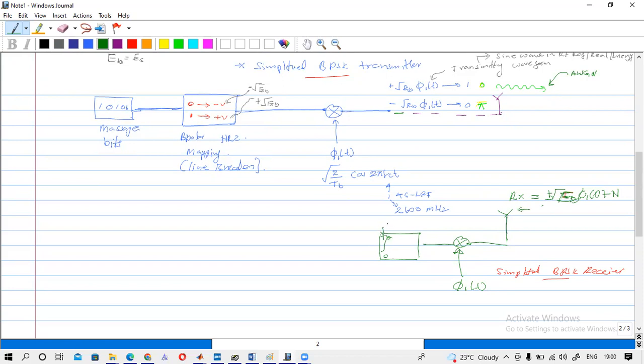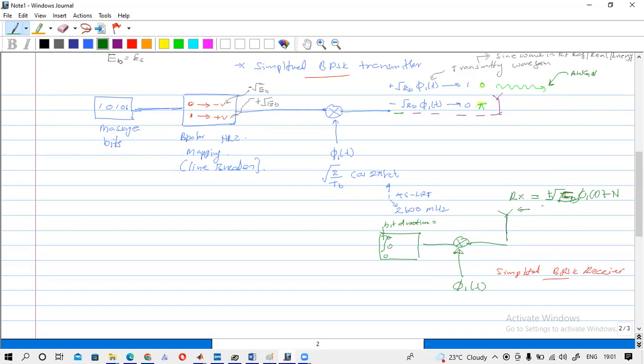This TB is the bit duration, and in BPSK it is equal to the symbol duration also, because one symbol has one bit. So we are going to integrate this multiplied signal from 0 to TB.